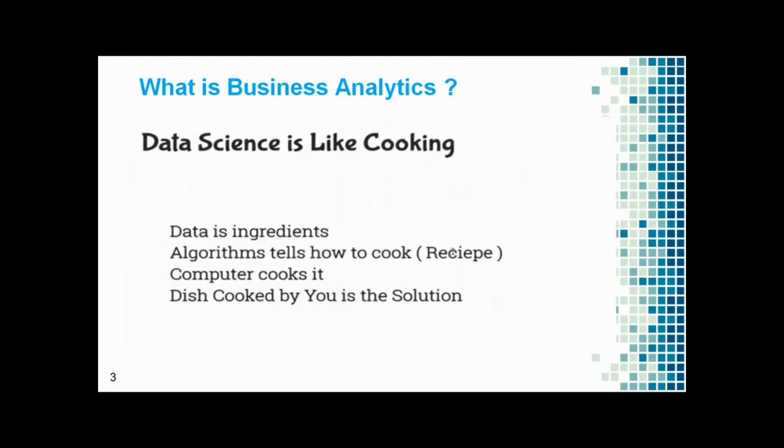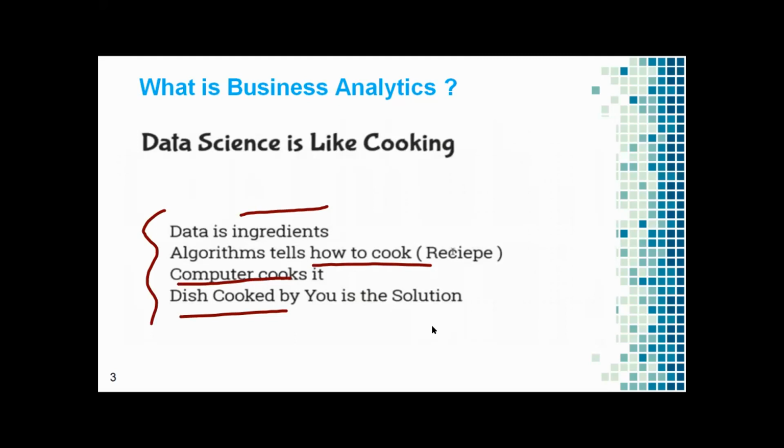So we can also say data science is like cooking, because the steps in data science or analytics are the same. Terms are different, but almost both are the same. Analytics is a part of data science. So data science or business analytics or normal analytics is like cooking because cooking involves all these steps, and these steps are also involved while we are working on any problem in real time.